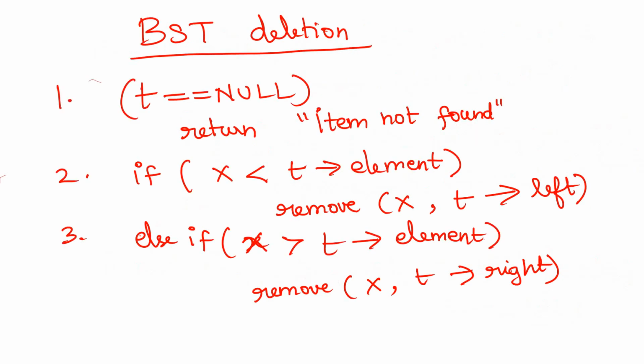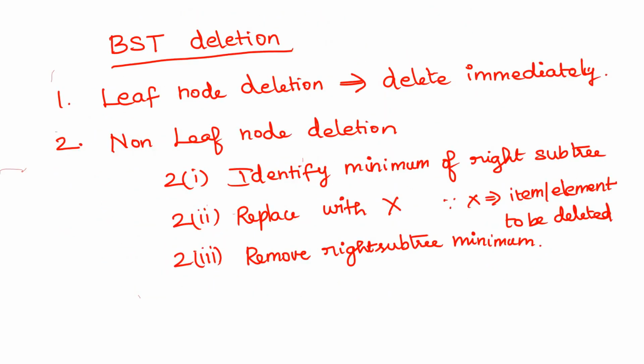So once again I am repeating. So BST deletion, if we have the leaf node to delete, then we can delete it immediately. If we need to remove the non-leaf node, then we have to identify the minimum value of the right subtree of the particular deleted element.